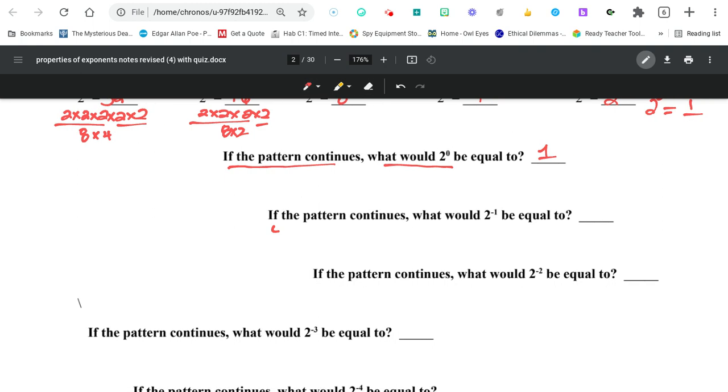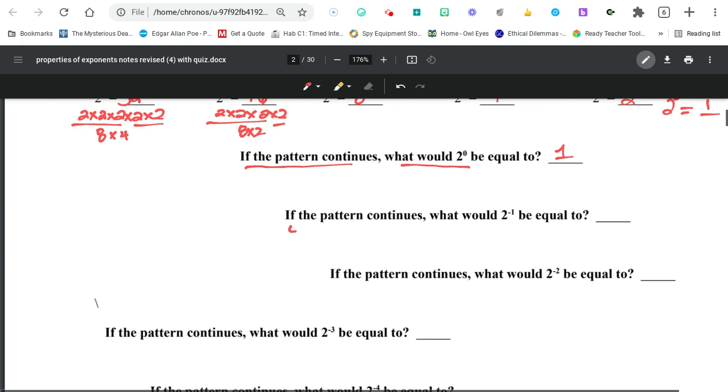Let's try 3. Let's just start with 3 to the 4th power. 3 to the 4th power is 3 times 3 times 3 times 3. I'm going to say 9 times 9, which is 81. And 3 cubed is 27.